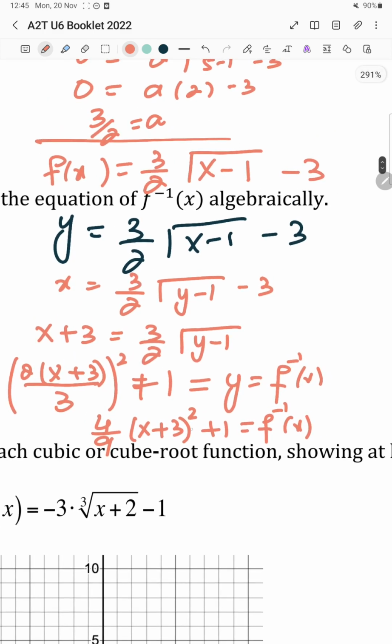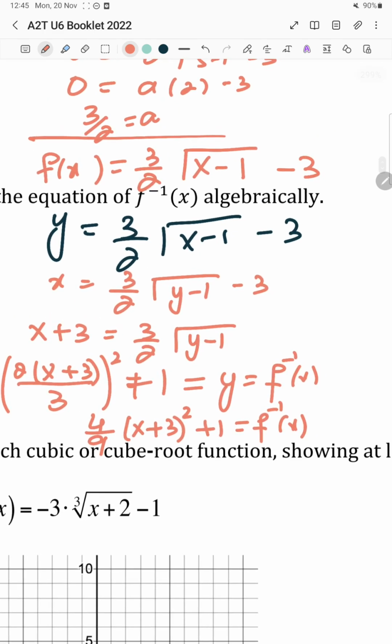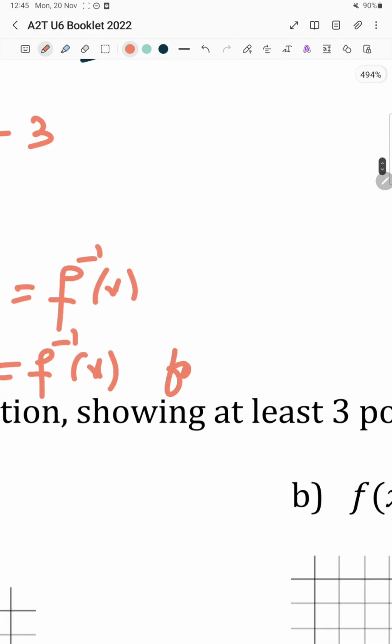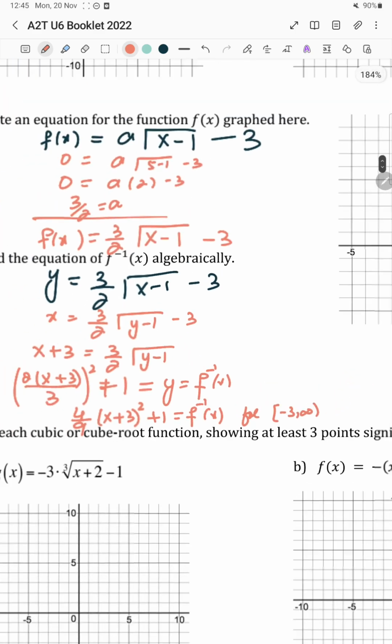Now, because this is a square root function, we need to restrict our domain, that is minus 3 to positive infinity.